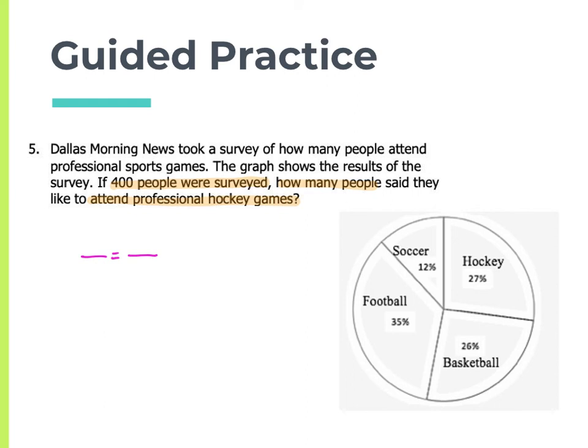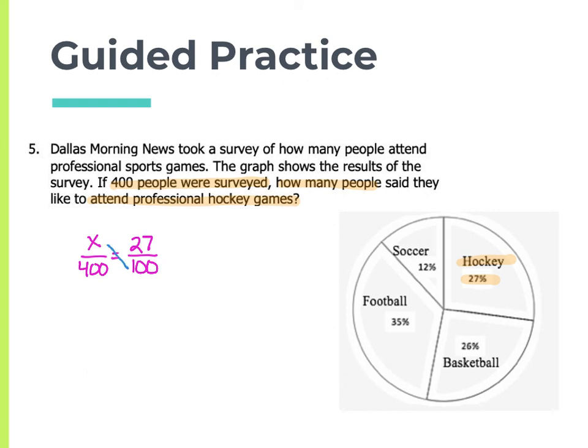I'm going to look at the pie chart, and I see that 27% of the people like to attend professional hockey games. So 27% out of 100%. We know that there were 400 people surveyed, and we're looking for our part, the number of people.